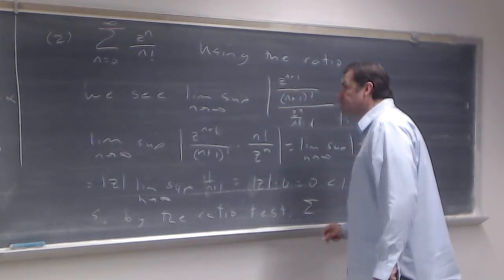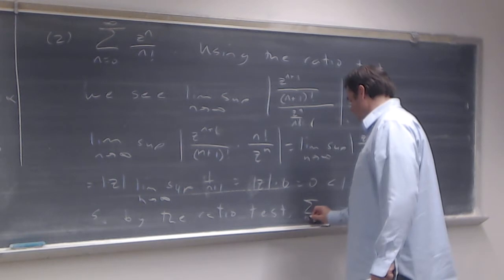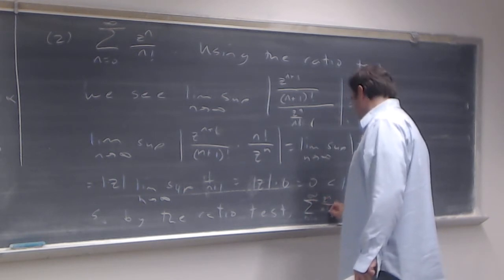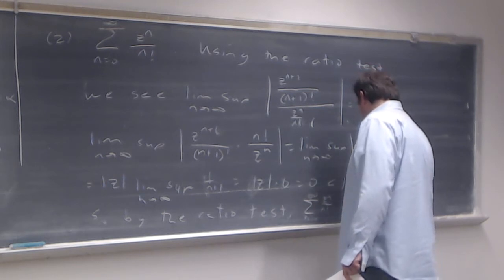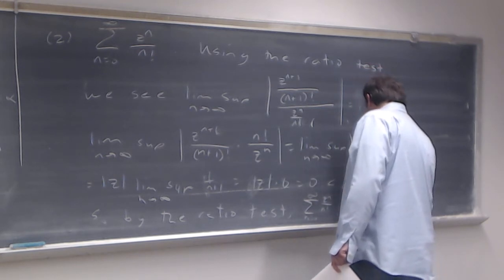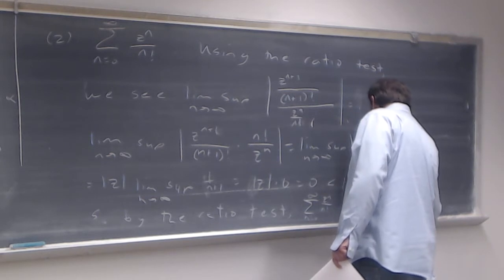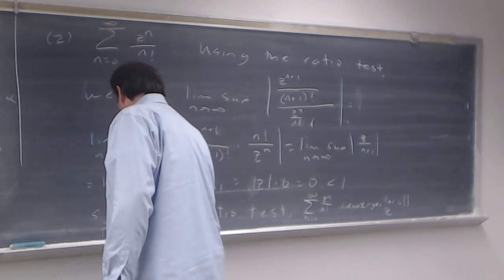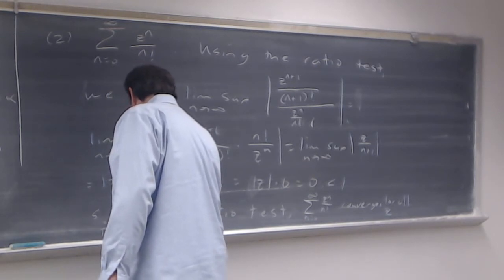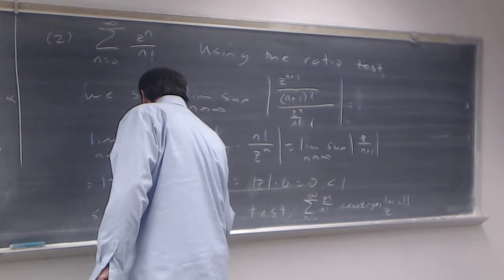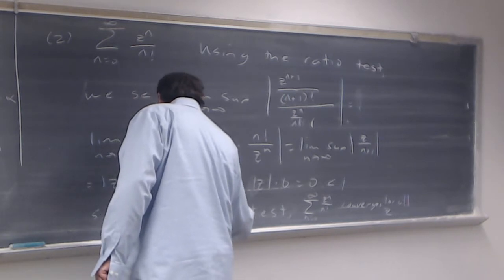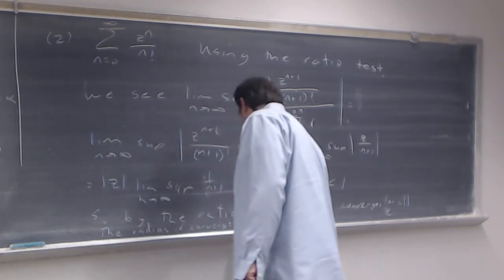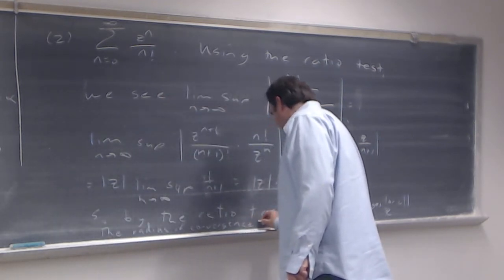this series converges for all z. That is the radius of convergence, that's my R. I just want to finish it here.